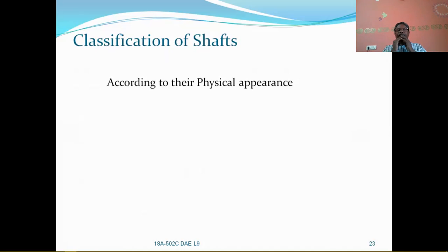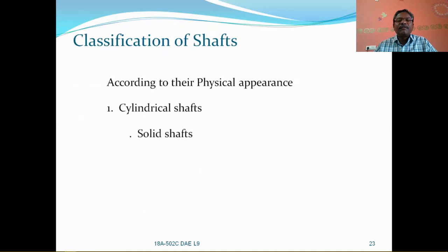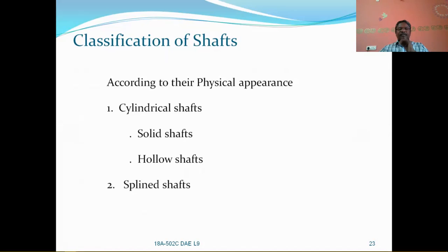According to the physical appearance, shafts are classified into cylindrical shafts and splined shafts.